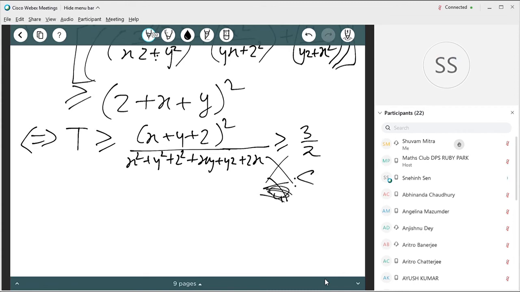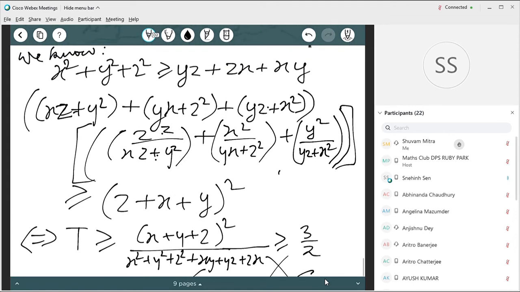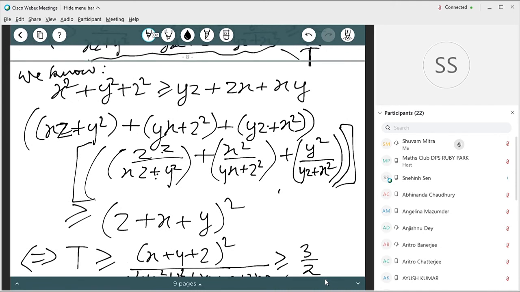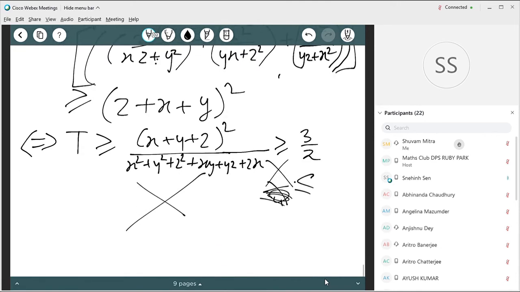So basically, we can't use this method directly. A direct Cauchy-Schwarz or something like that isn't working well for us. So now I'd like some ideas from you guys, like how you would want us to proceed if you have a situation like this. Like you are getting a weird inequality once again.